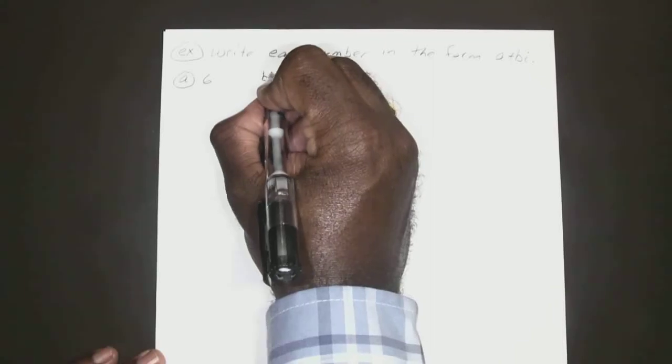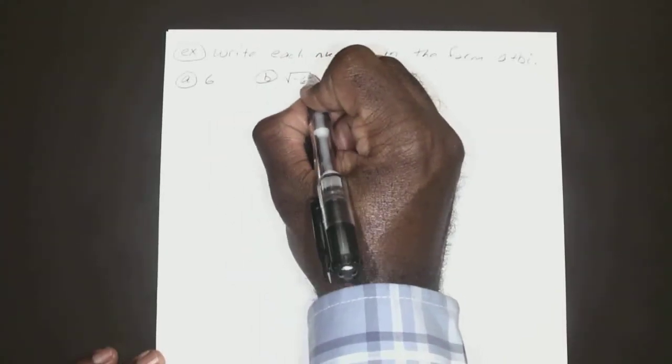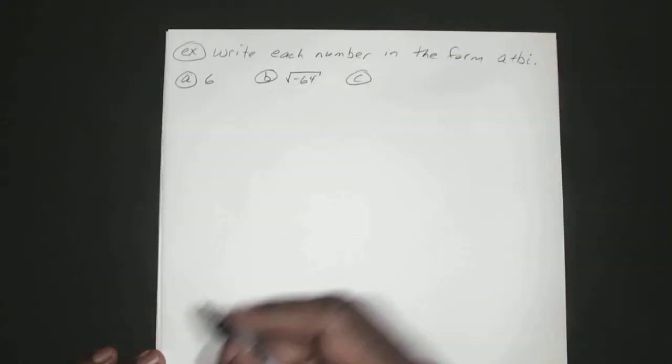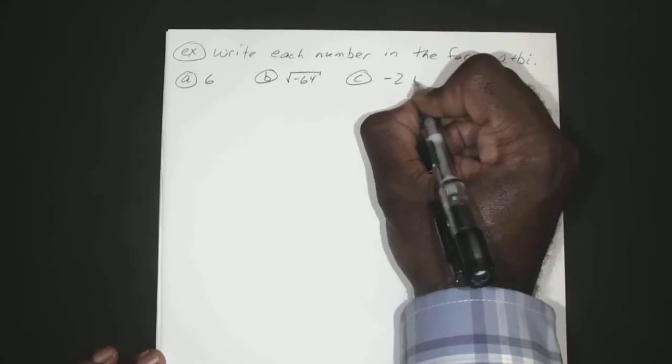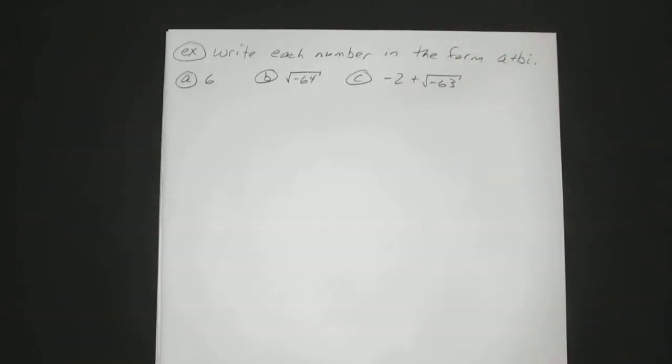For problem B, we want to write the square root of negative 64. For problem C, we want to write negative 2 plus the square root of negative 63. So each one of those, we can write into a complex form.